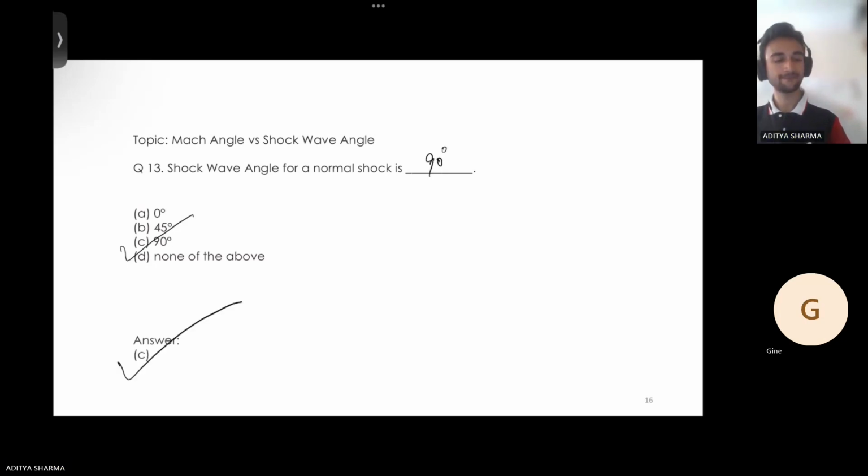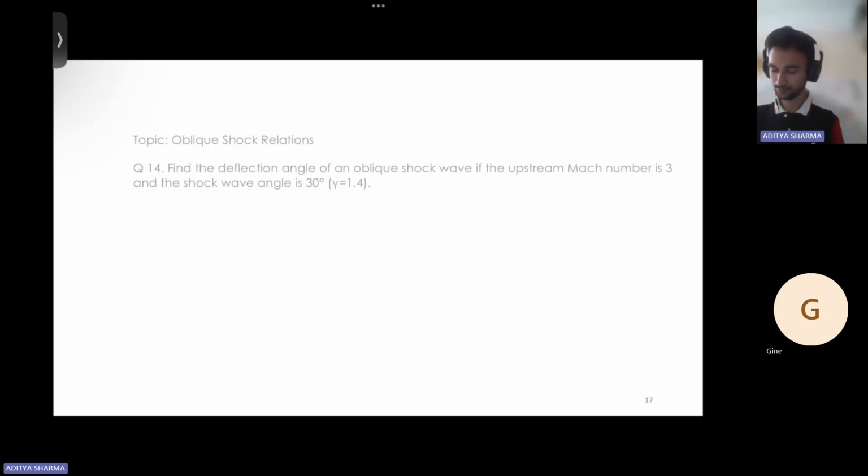C, the correct option. Yes, it's on oblique shocks. And the question says that find the deflection angle of an oblique shock wave if the upstream Mach number is 3 and the shock wave angle is 30 degree. So what has been given in the question?